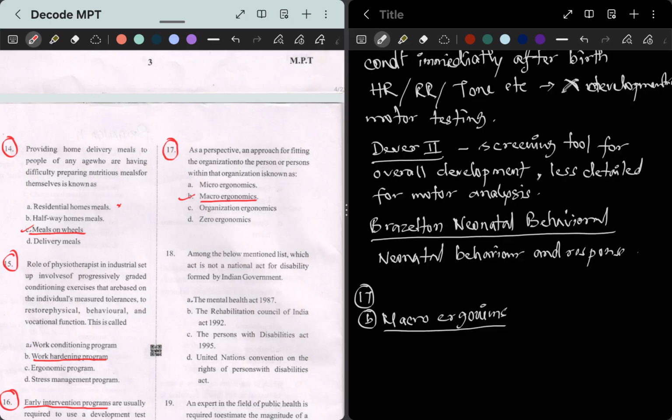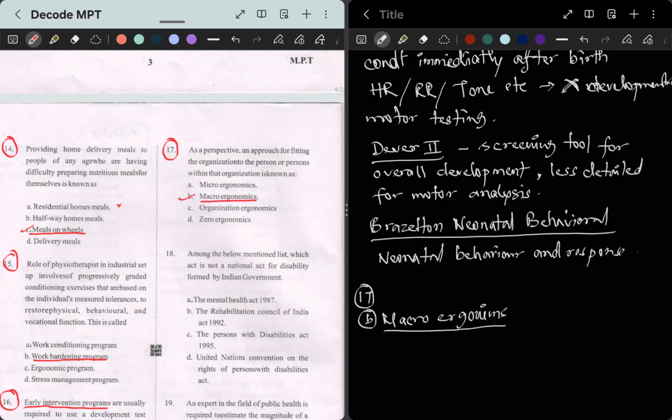Why not microergonomics? Because microergonomics normally focuses on the individual workstation. Why not organization ergonomics? It is not the standard terminology used in ergonomics. Number 4, zero ergonomics, is not a recognized concept in ergonomics.